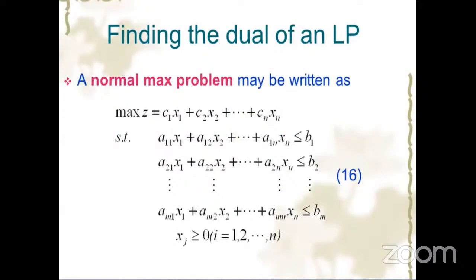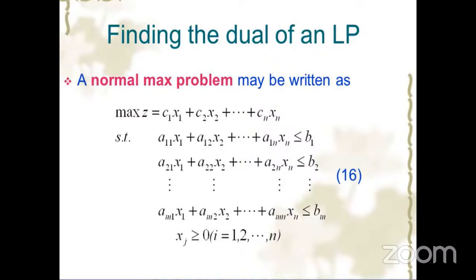Like finding the dual of an LP, a normal maximization problem may be written like this. Maximize z equals c1 x1 plus c2 x2 and so on up to cn xn, if there are more than 2 variables, subject to the constraints a11 x1 plus a12 x2 and so on, where the a's are the coefficients of x1, x2, xn, less than or equal to b1.